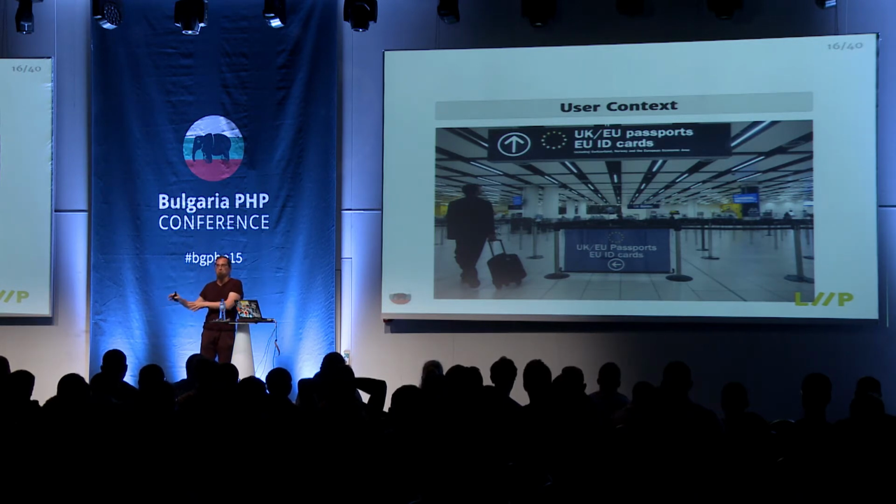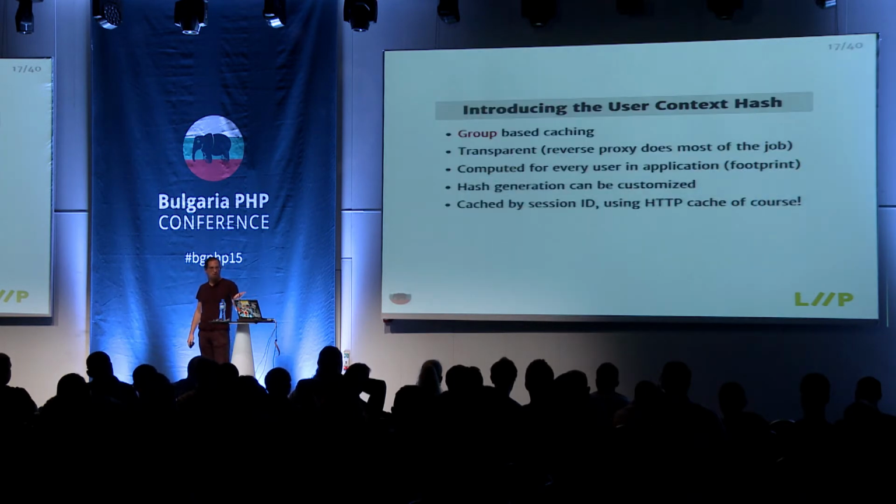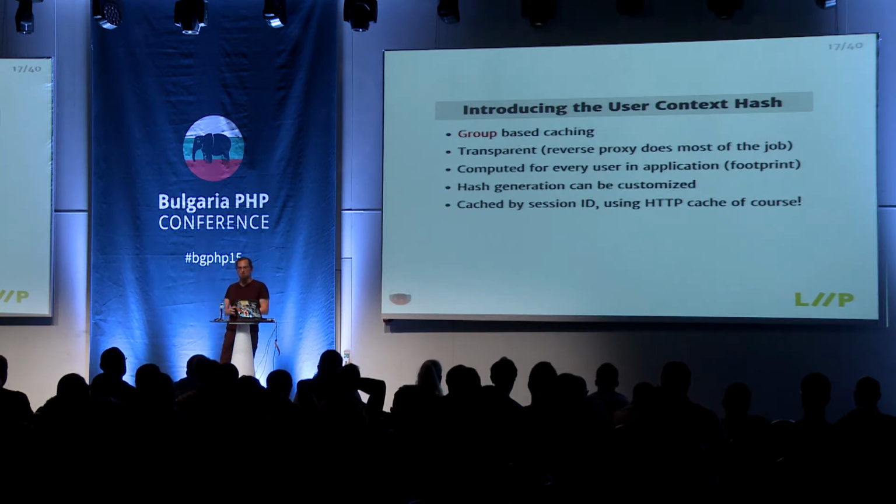If you're somewhere else, then use the other queue. And user context is kind of the same idea. It's group-based caching, so we want to split our users into as few groups as possible so that we can cache once for each group.